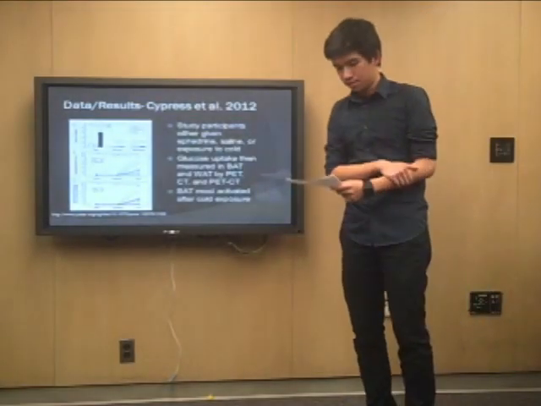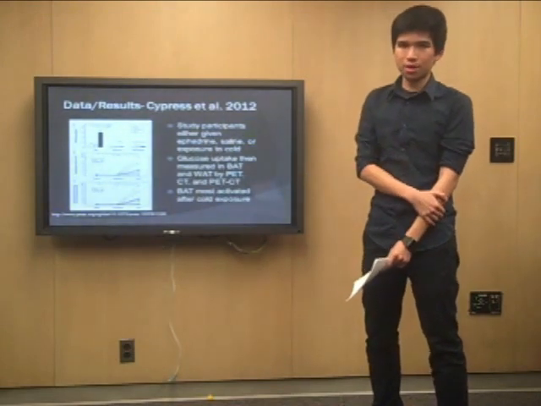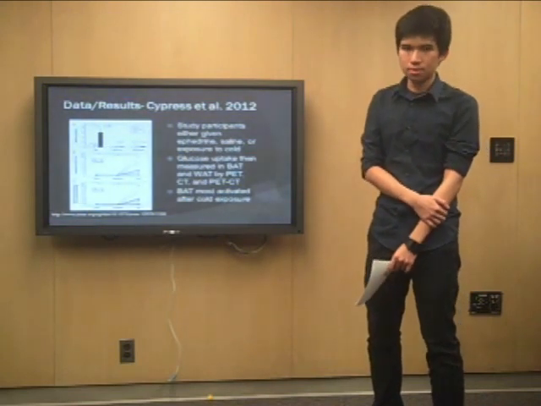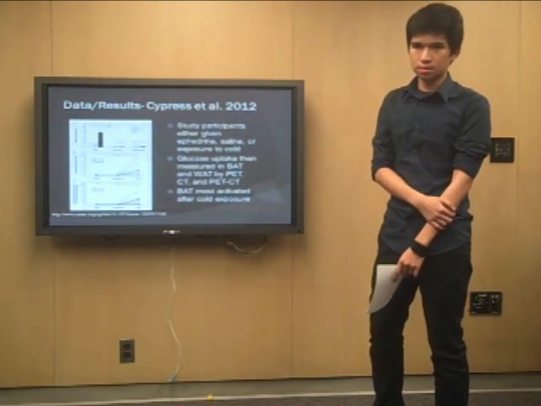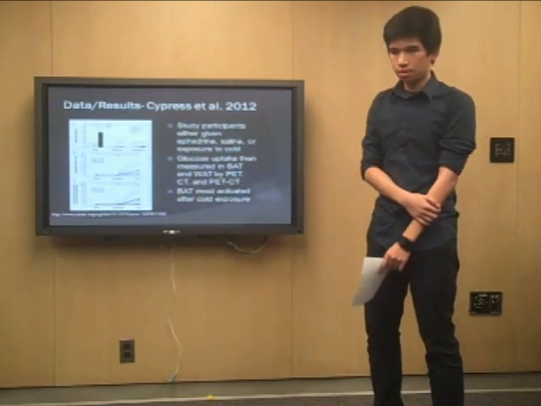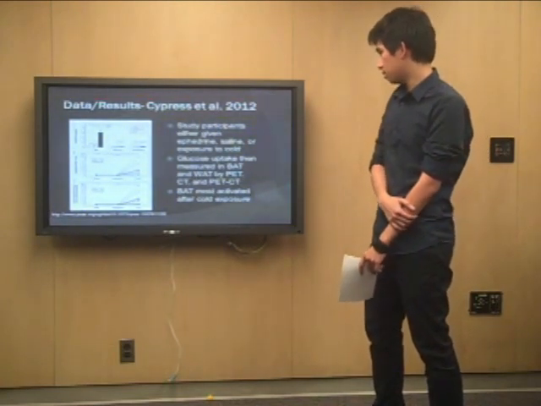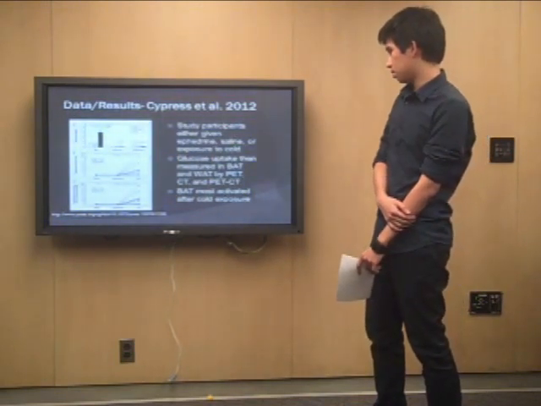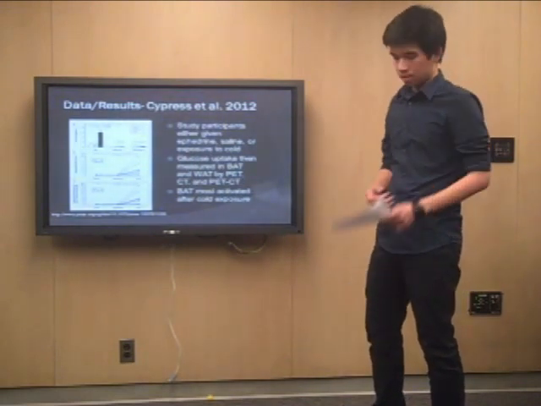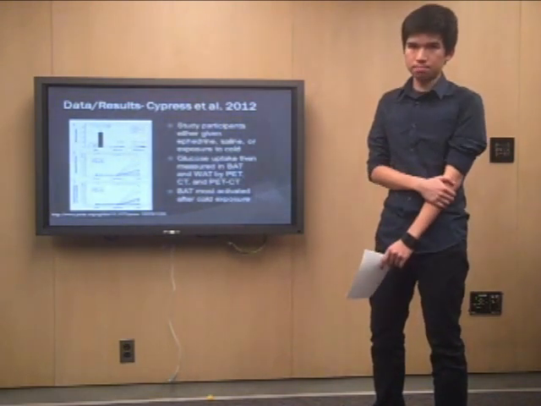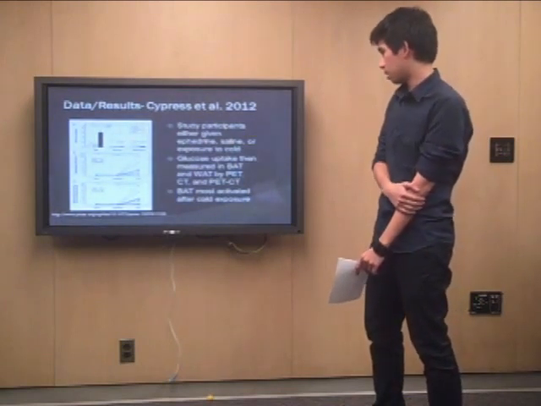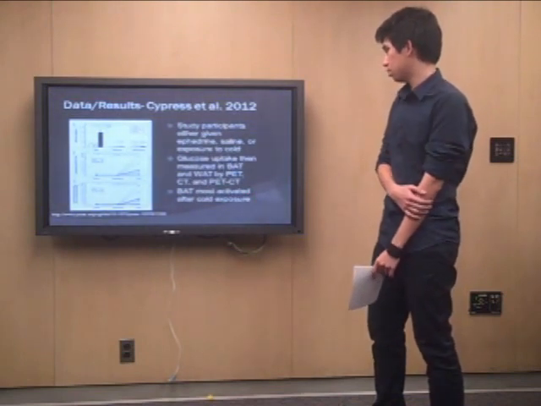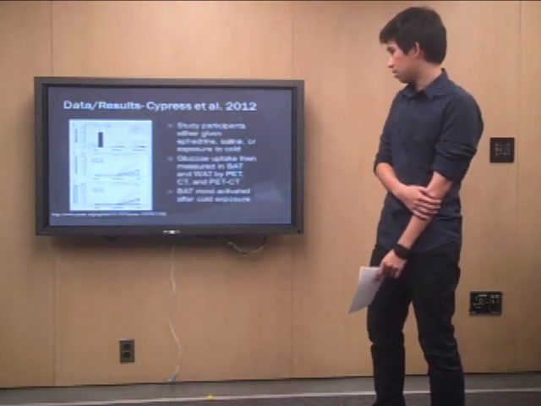Okay, to answer the previous question, I want to talk about a paper that was just recently published this year. In the paper, a study is conducted where 10 healthy volunteers are given ephedrine, saline, or exposed to cold temperature. As a result of the experiment, there's a noticeably higher amount of glucose uptake in those that are exposed to cold temperature as compared to the effect of ephedrine and saline.